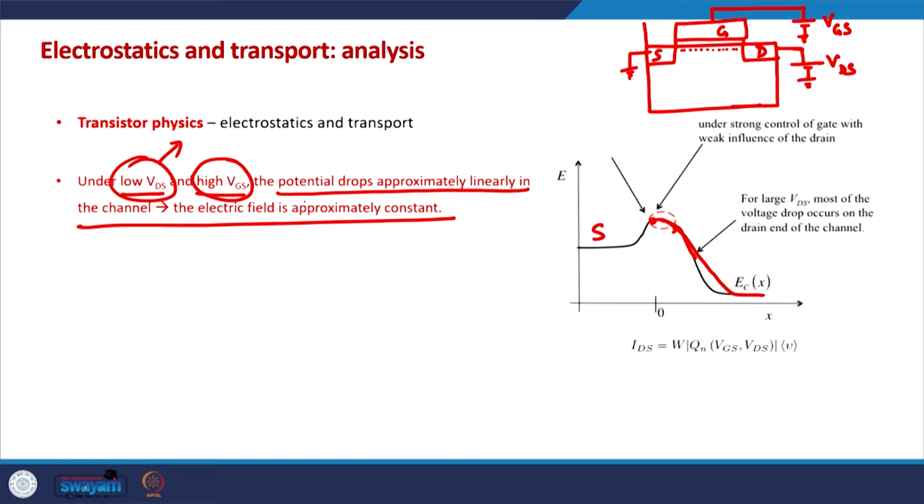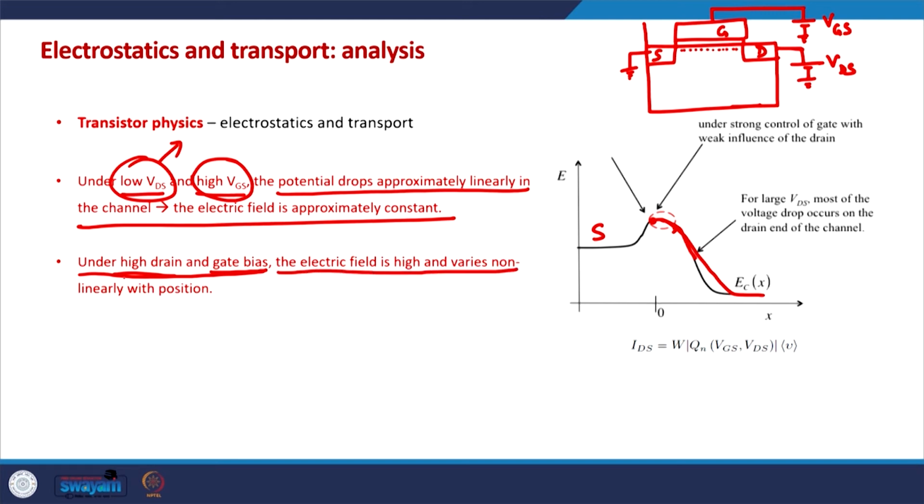This is also qualitatively understandable. When a high drain voltage is applied and the gate voltage is already high, so under high gate and drain bias, the electric field is also high and it varies non-linearly in the channel. So, if we are applying high voltage on the drain terminal, the electric field in the channel will also be changing non-linearly.